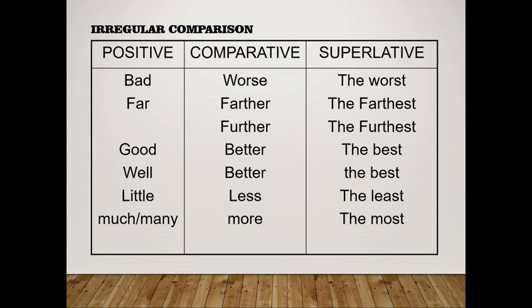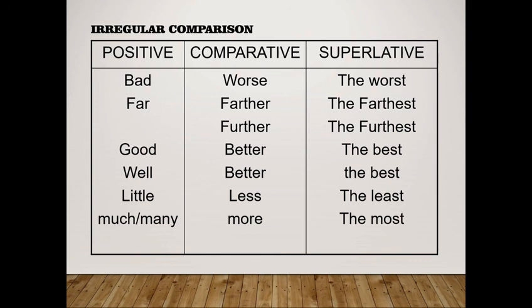Far. In comparative, we must say farther, and superlative, the farthest. Or you can say further, and superlative, the furthest. Good and then well. In comparative, we must say better, and superlative, the best. Little. In comparative, less, and in superlative, the least.